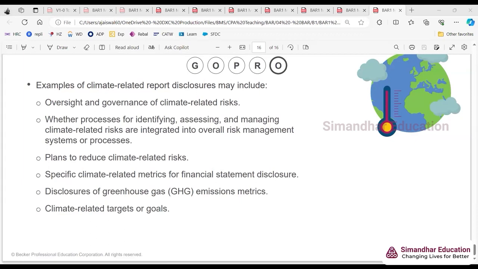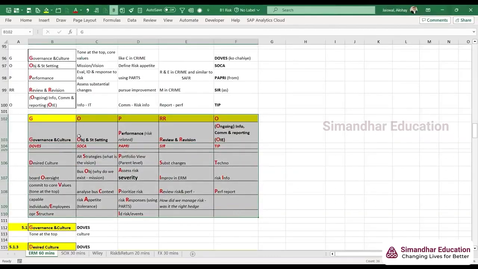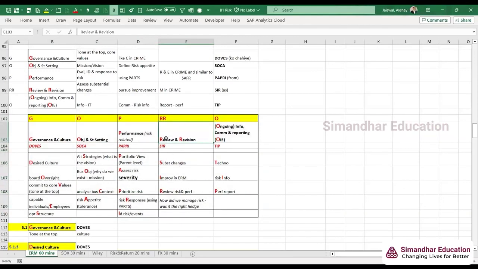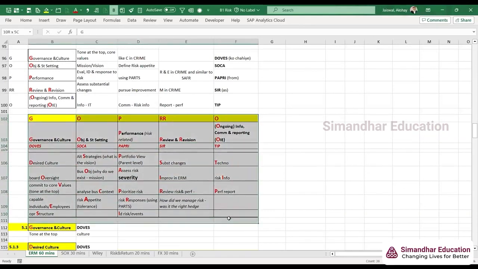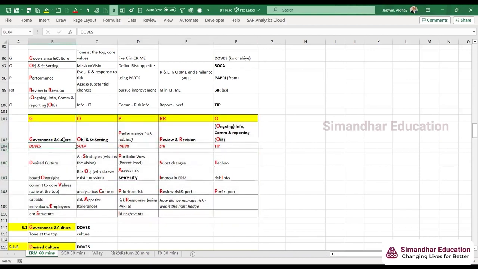Okay. Fine, then since someone asked about the GoPro table, I'll go through this table once, like a revision also, right? Within maybe 5 minutes, I'll do that. All right. So first is governance and culture, tone at the top, right?